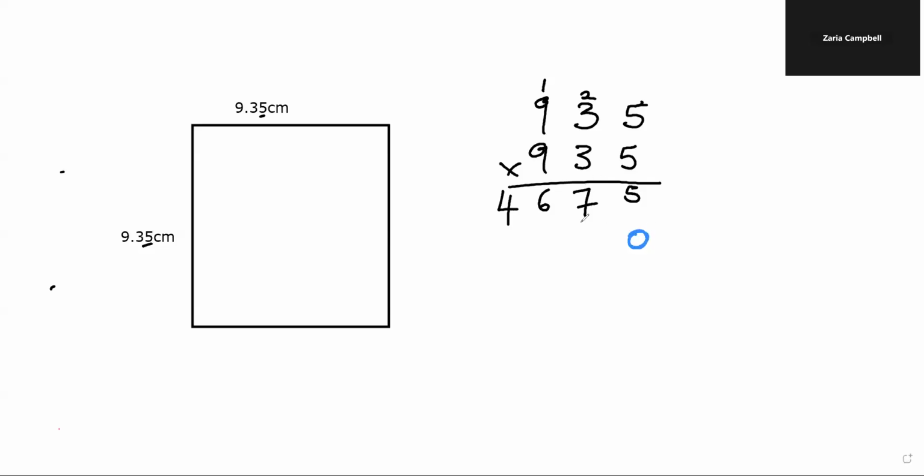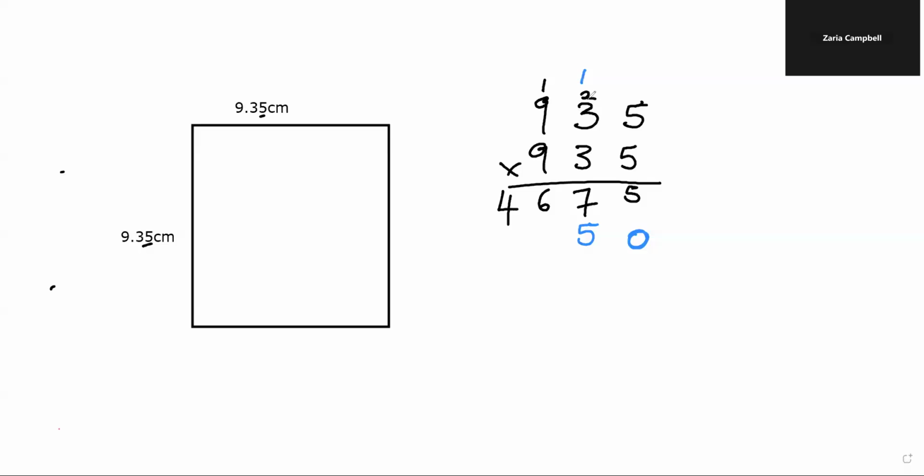3 times 5 is 15. Put down the 5, carry the 1. No, my bad. Wait, no. You put down the 6 instead of 3 times 3. The 2 is confusing.